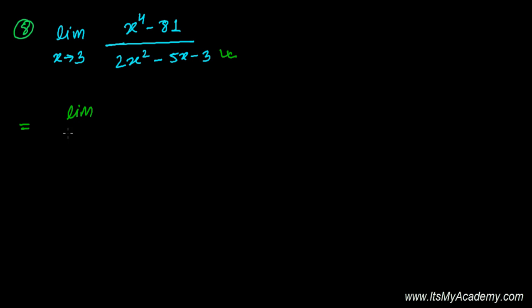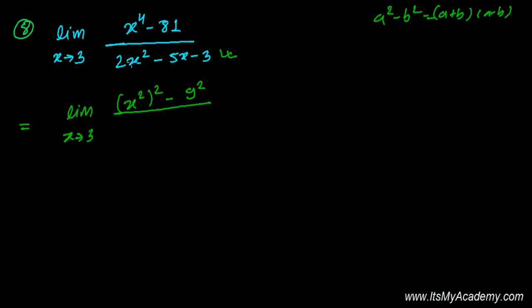It's limit x tends to 3, here x to the power 4 minus 81. And I'm getting a very straight formula there, a square minus b square, that is a plus b times a minus b. So now x to the power 4 minus 81 becomes x square minus 9 squared, and here it is 2x square.